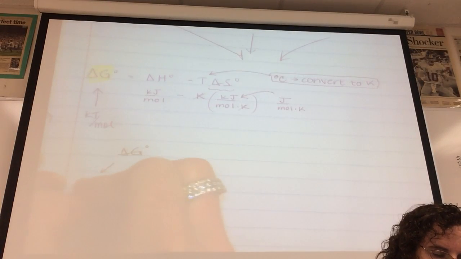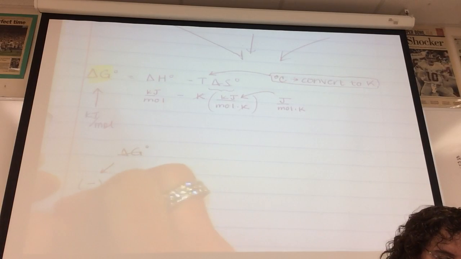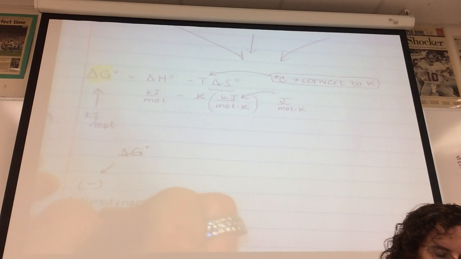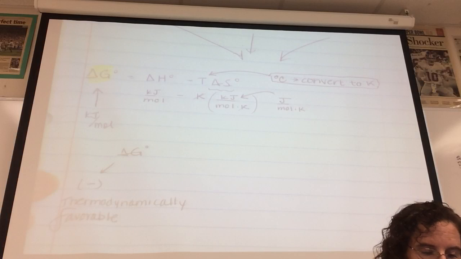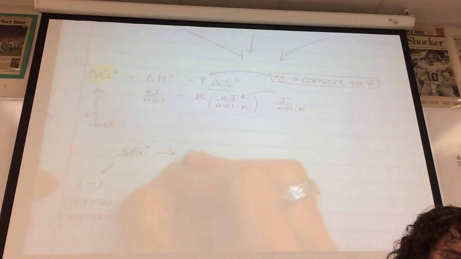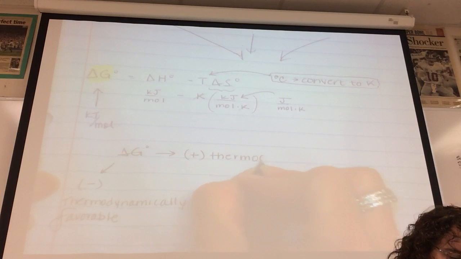When delta G is negative, we say that the reaction is thermodynamically favorable. When delta G is positive, the reaction is thermodynamically unfavorable.